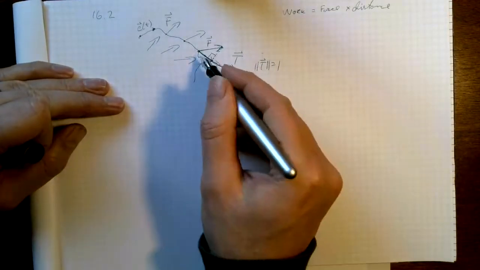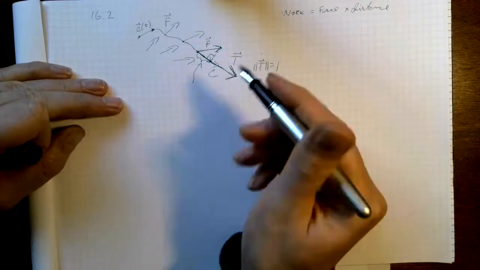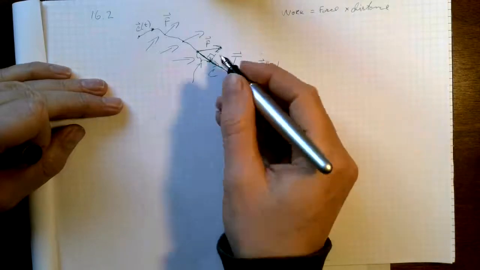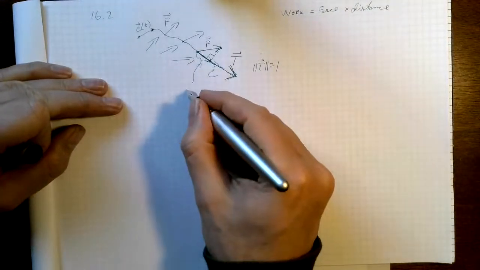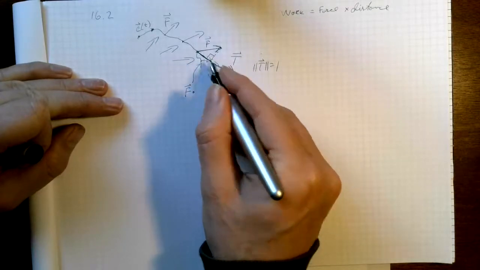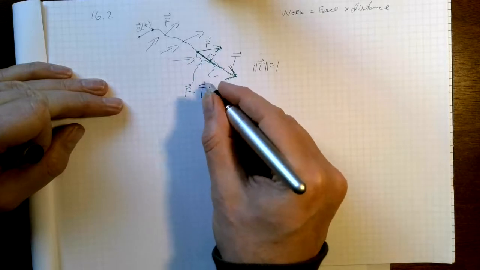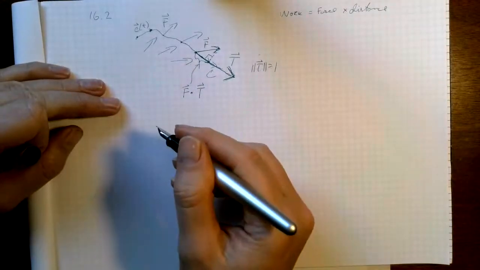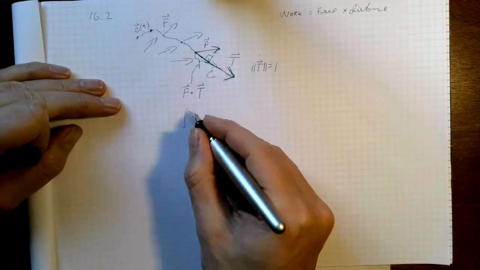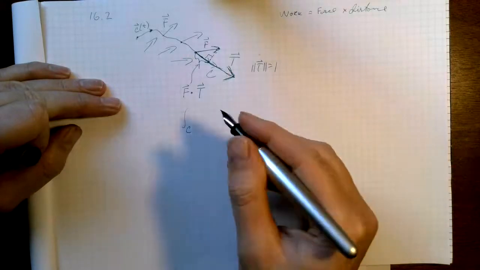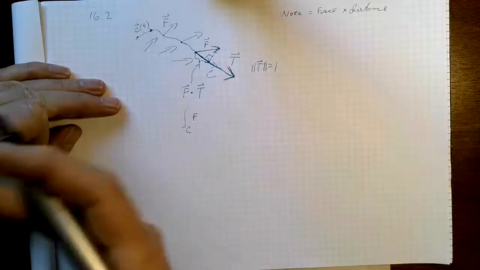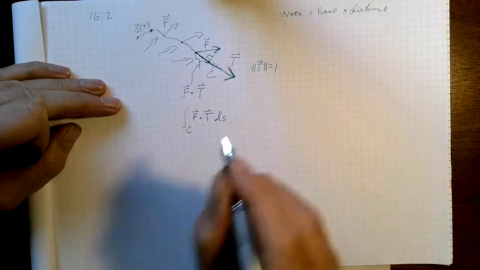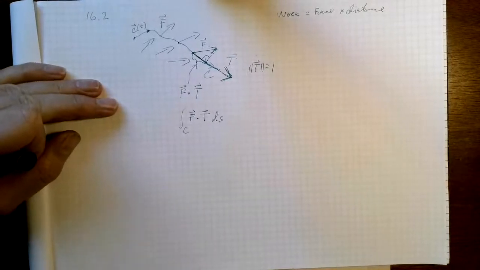So we want to figure out what this length is, the component of the force acting along T. Because T is of length 1, if you remember from early on in the semester, this length is F dot T. So the integral that we want to compute is the integral around C of F dot T ds, where this is the little s from last time.